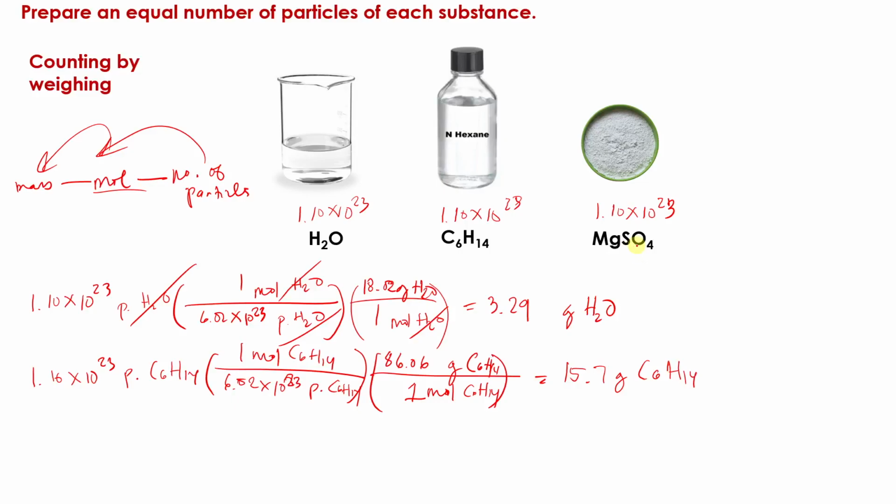Then lastly, we have the magnesium sulfate, or 1.10 times 10 to the power of 23 particles of magnesium sulfate. So again, 6.02 times 10 to the power of 23 particles of magnesium sulfate is 1 mole of MgSO4.